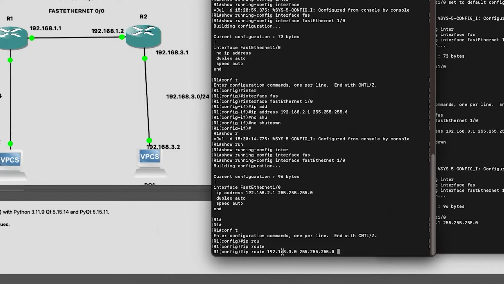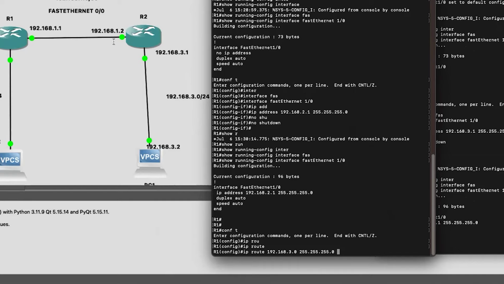So we're saying I'm R1. I want to route to the 3.0 network with the subnet mask of 255.255.255.0. And in order to get there, I need to go to the interface of R2 that is on the network we share. What network do we share? We share the 192.168.1 network.